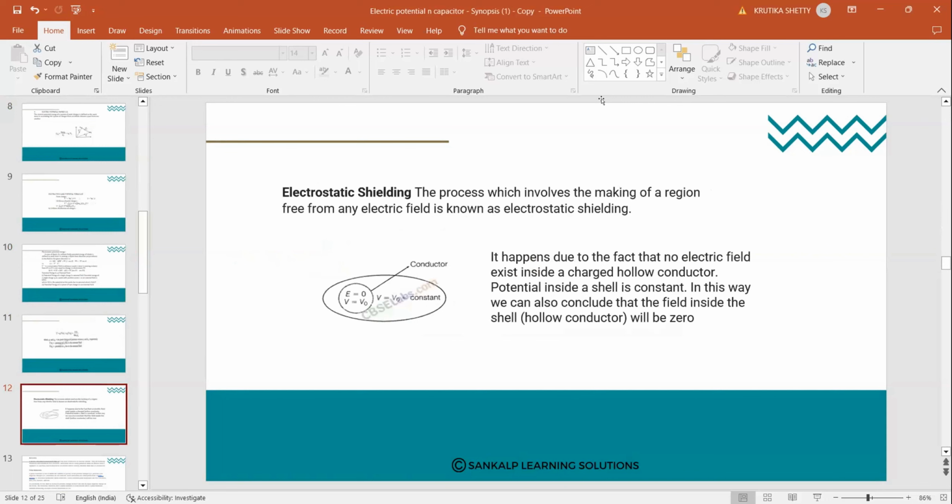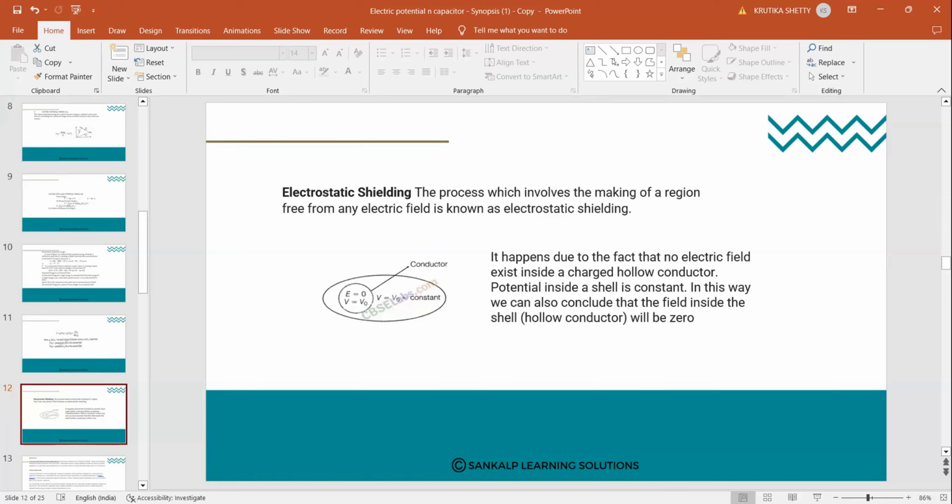Then electrostatic shielding. So what is electrostatic shielding? Now you can see the rainy season is going on. In the rainy season we see thundering and lightning. During the thundering and lightning process, the excess charges from the clouds are discharged to the surface of the earth.